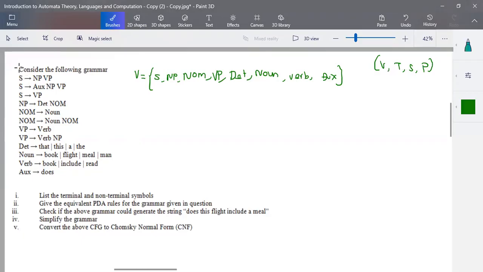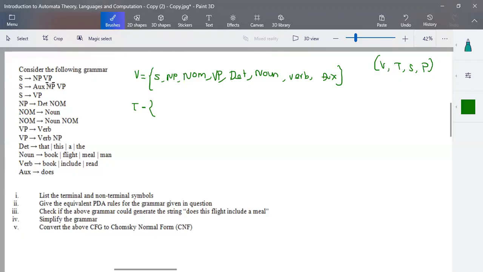A non-terminal need not always be in capital letters. You can have small letter combinations also. So anything that has a production for itself is called a non-terminal or a variable. And the set of terminal symbols, all the remaining symbols other than this, will be terminal symbols. You have to check the definition for a production.